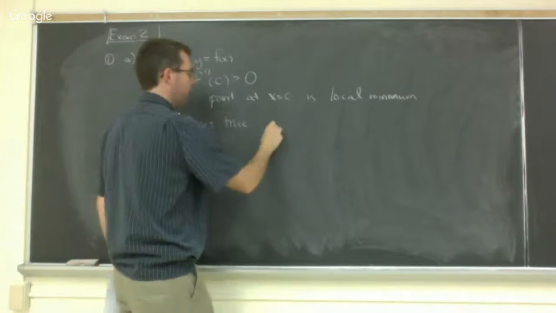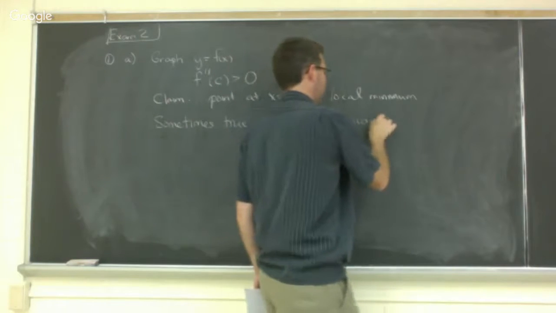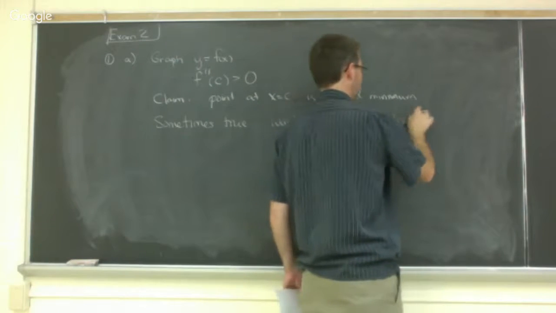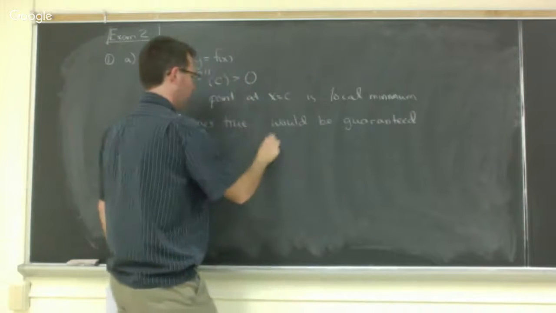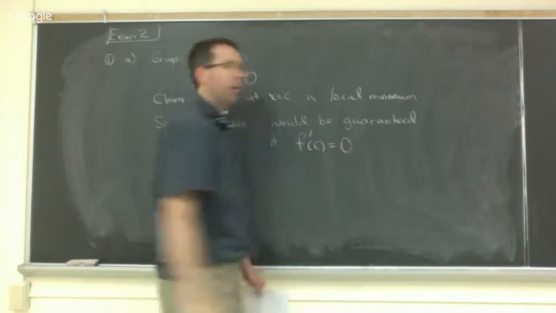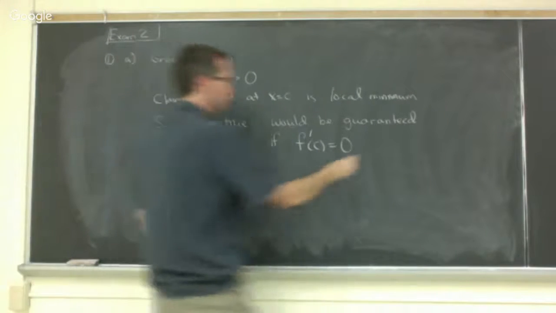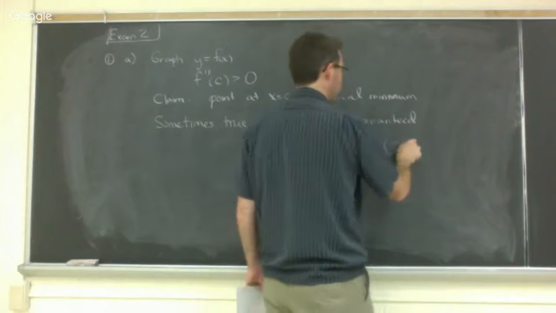It would be guaranteed if we had started by knowing that I was at a critical point. Okay, and that's because this is everything that's required for the second derivative test.